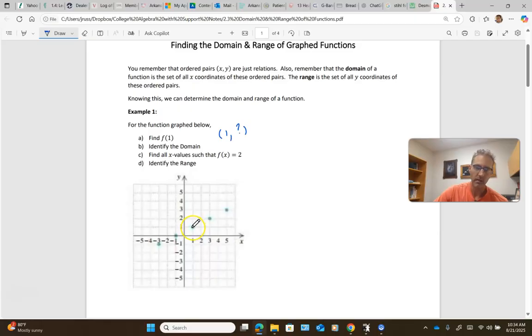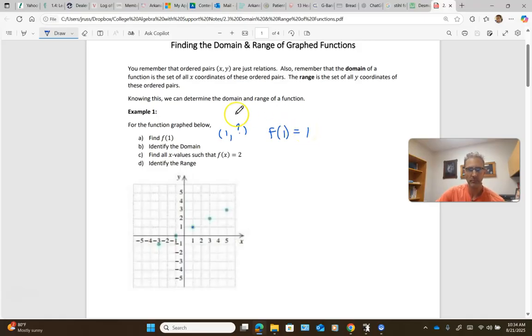Okay, this point has an x coordinate of 1, and to evaluate the function, you look and see what that corresponding y coordinate is. And in this case, it just coincidentally also happens to be 1. And so because of that, we can say that the value of the function whenever x is 1 is also 1. Okay, so it's just a coincidence that they happen to be the same value, both the input and the output. So the input here would be 1, and the output is also 1.